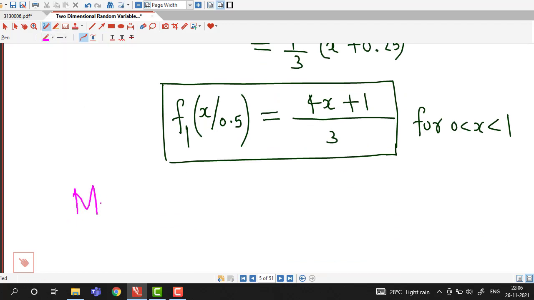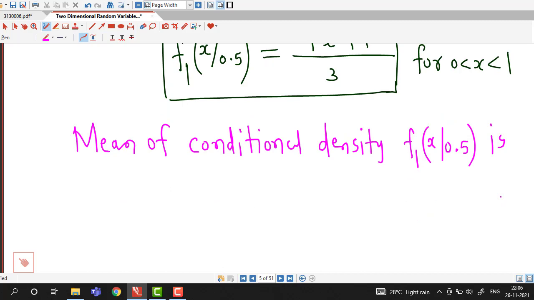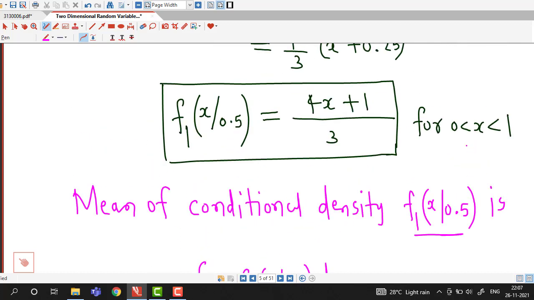So mean of conditional density f1 x given 0.5 is equal to, we have to take integral of this density function with multiplication by x, x times f1 of x given 0.5 with respect to x, and this is non-zero when x lies between 0 and 1.